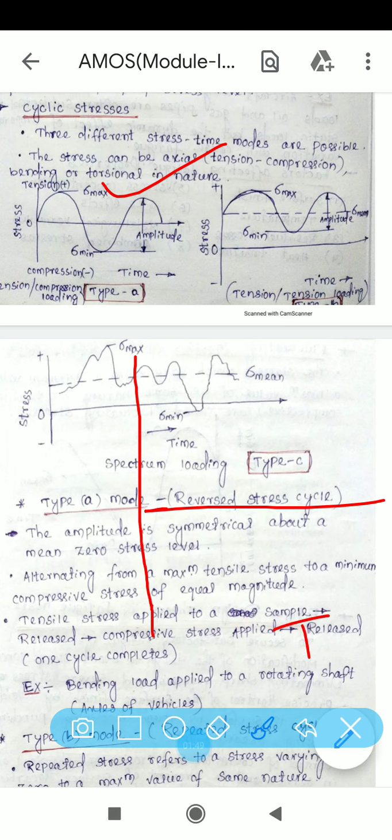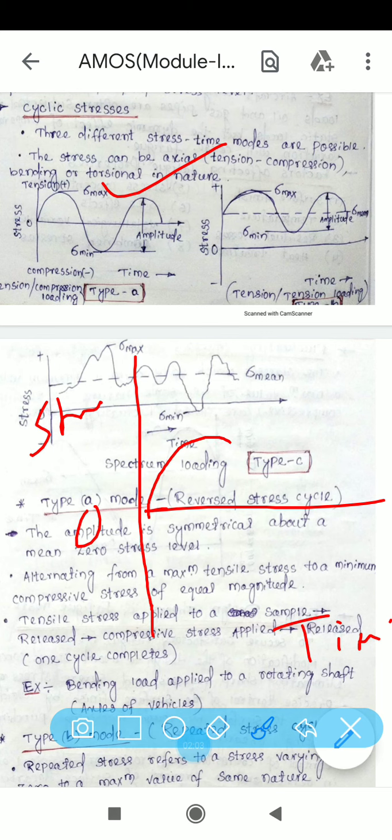This is your diagram of reverse stress cycle. You put a y-axis, which represents stress, and an x-axis, which represents time. So according to the definition, maximum tensile is to a minimum compressive stress.